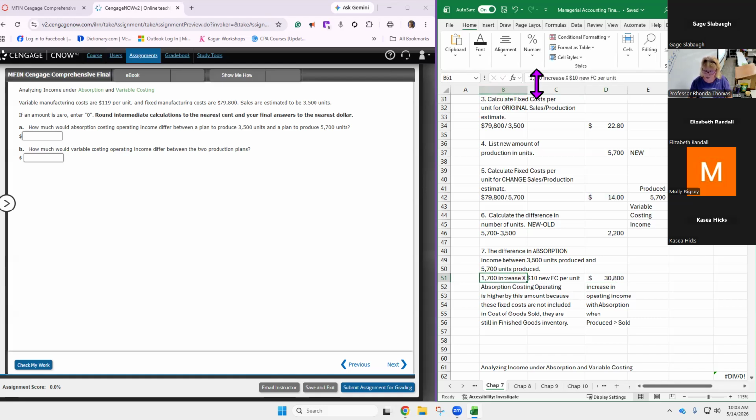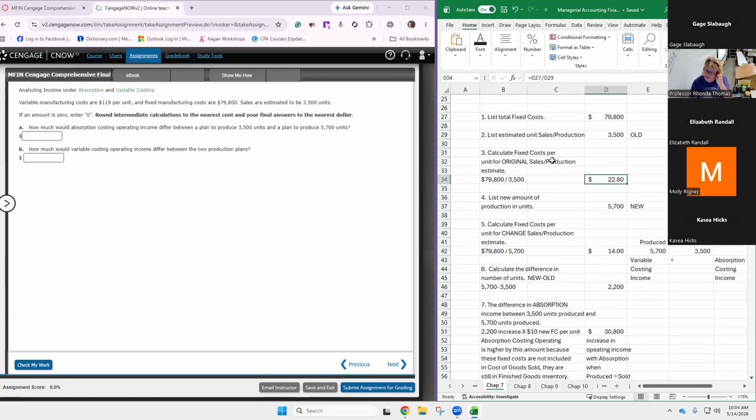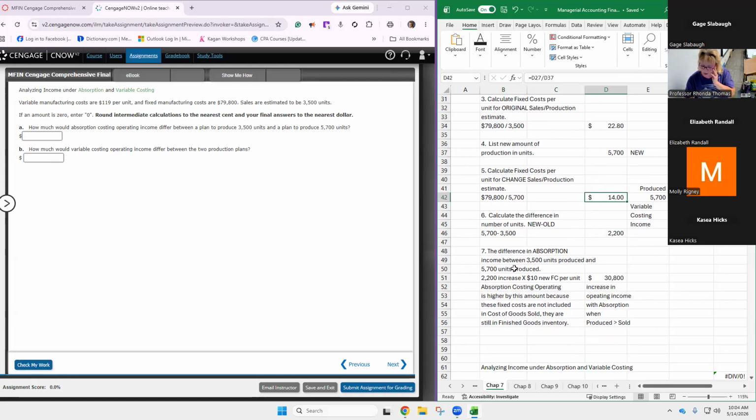So we had a 2,200 increase, and the new fixed cost is 14. What was the fixed cost before per unit? 2,280. When you divide fixed by a lesser number, of course you get a bigger number. But when you divide it now by a bigger number, then you get a smaller number. So we're going to take 2,200 times its new fixed cost per unit, which is 14.